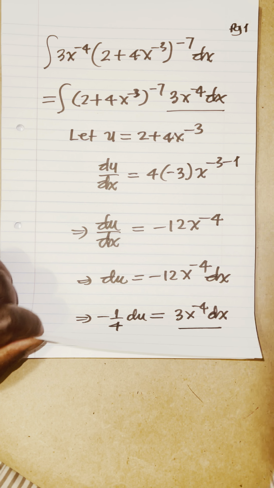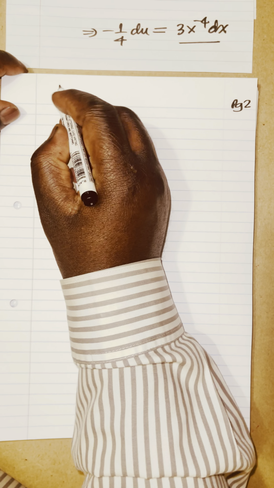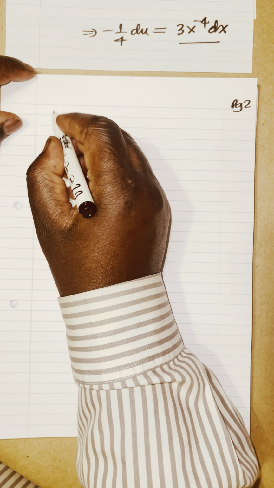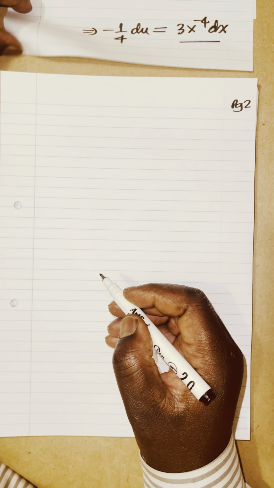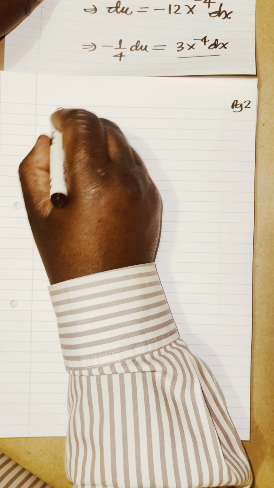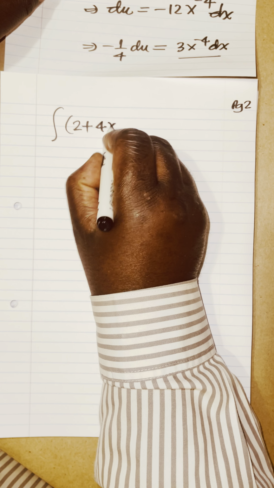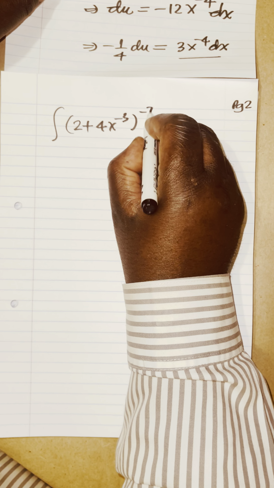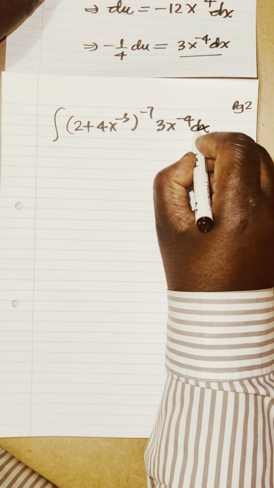Now our integral here therefore is transformed as follows. If you allow me to capture the integral exactly how it is, in our second step, we are saying the integral of (2 + 4x^-3) all raised to the power -7 times 3x^-4 dx.